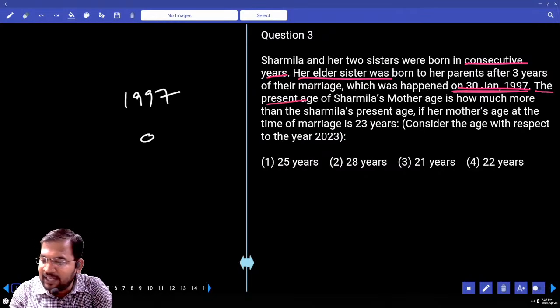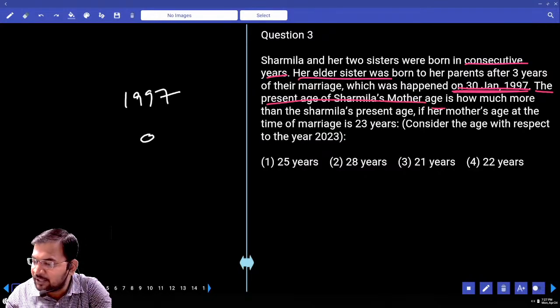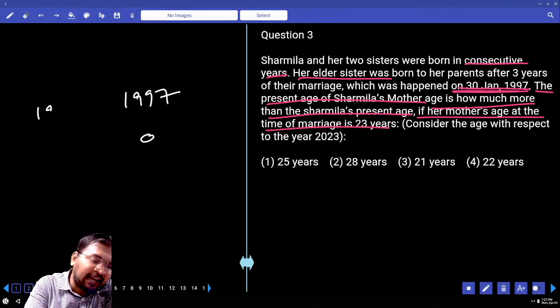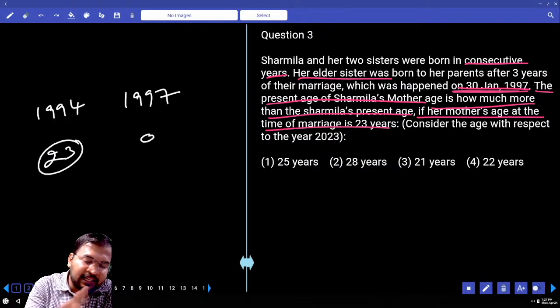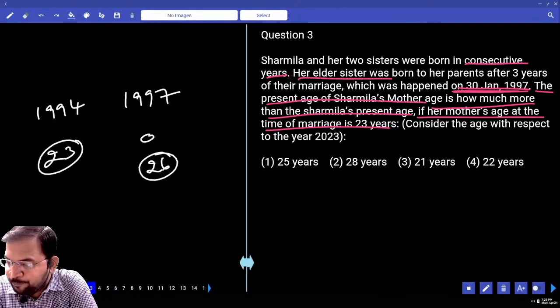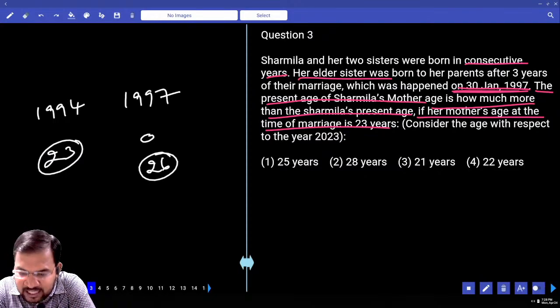Now, the present age of Sharmila's mother is how much more than Sharmila's present age? So her mother's age at the time of marriage, marriage happened 1994, 3 years before 1997. At 1997, mother's age is 26. Now they're asking the question: the present age of Sharmila's mother is how much more than Sharmila's present age?